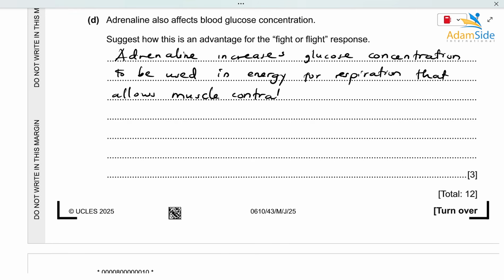That allows muscle contraction. So the muscles will contract and be used for movement, which is fight or flight. How does adrenaline increase glucose concentration?